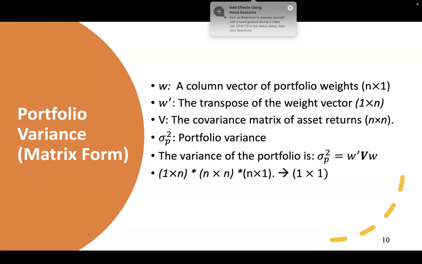V is the covariance matrix of asset returns. What is that? It's a symmetric matrix, and don't worry about this that much. Again, we are going to use this in practice. That's more important. But it includes two different items.